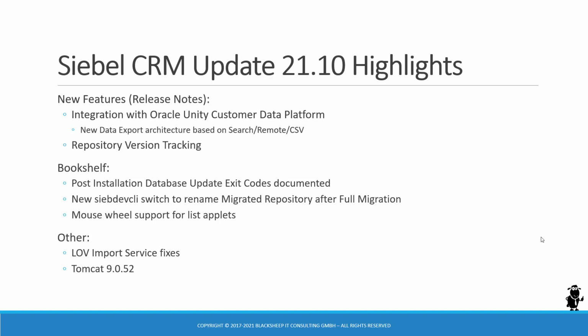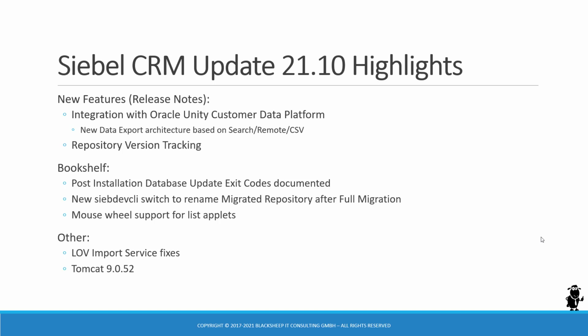One is an integration that is now supported with the Oracle Unity Customer Data Platform on the Oracle CX Cloud, which is a new data export architecture on the Siebel side based on artifacts from Siebel Search, Remote, and CSV file-based. And on the Unity side, it's the ability to ingest the Siebel CSV data.